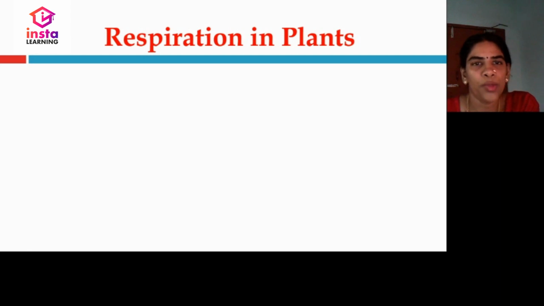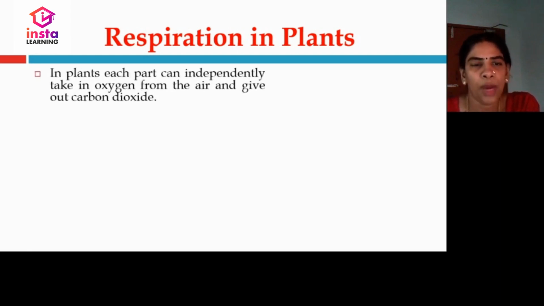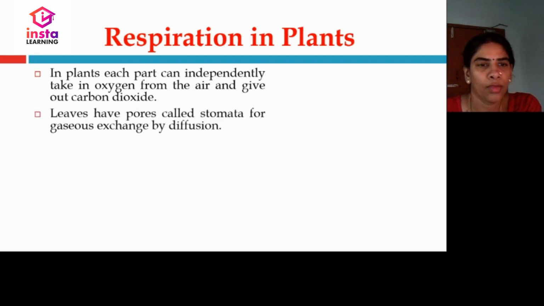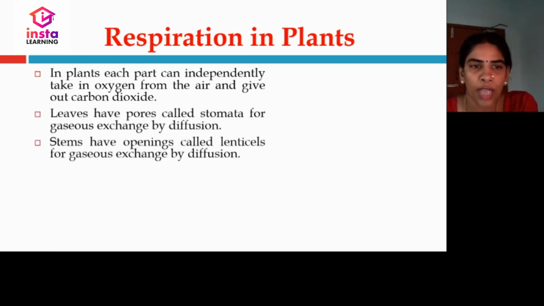Let us see how respiration takes place in plants. In plants, each part can independently take in oxygen from the air and give out carbon dioxide. Leaves have pores called stomata for gaseous exchange by diffusion. Stems have openings called lenticels for gaseous exchange by diffusion.